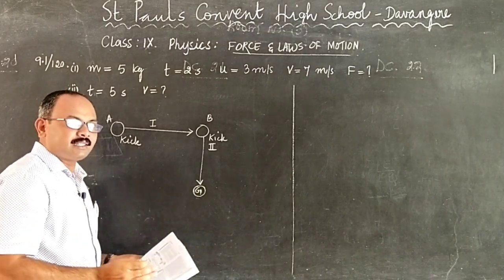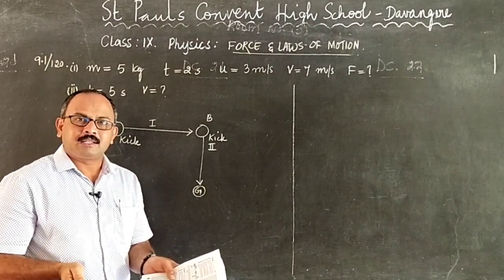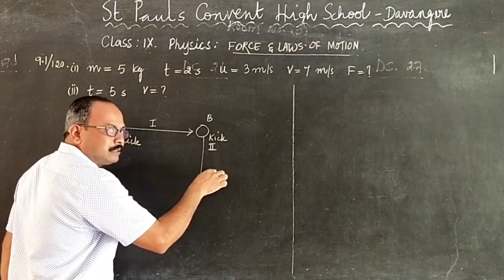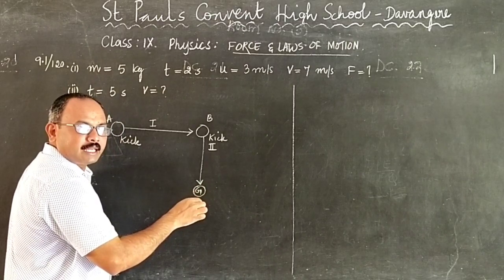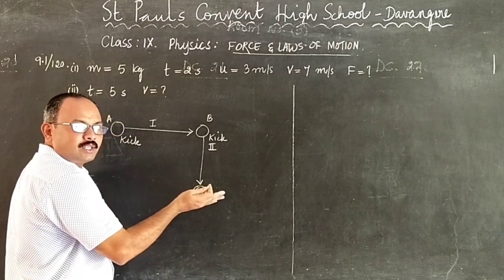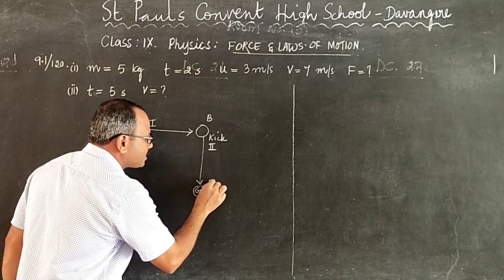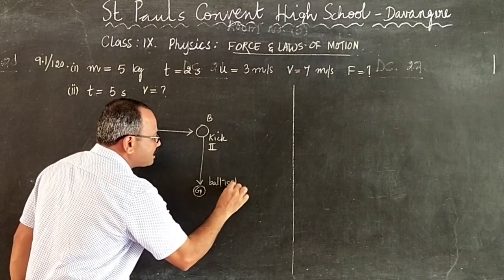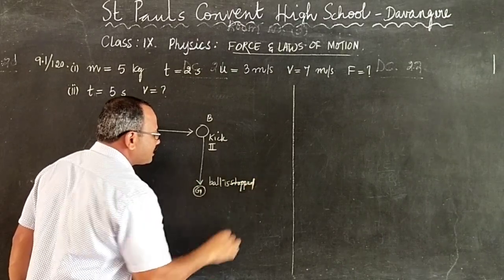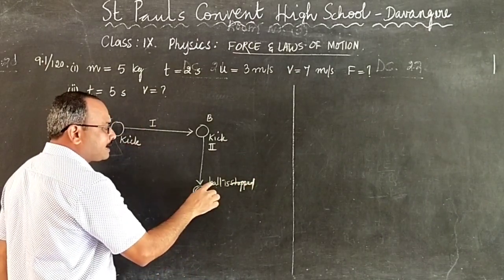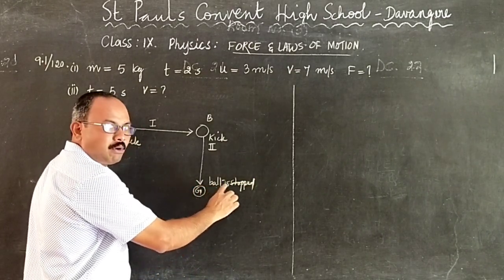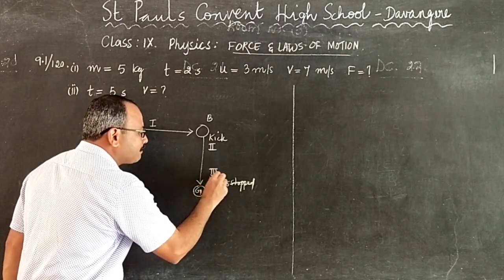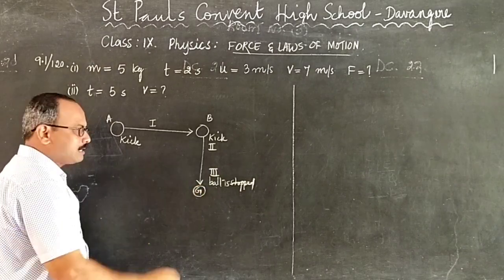What he does, using his hands, he stops the ball. The force applied in this is the hands used to stop the ball. The ball is stopped. Here again the football comes to rest, children. Therefore, the third time the velocity changes.